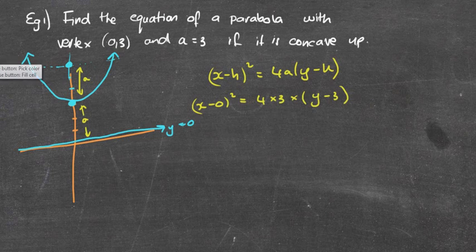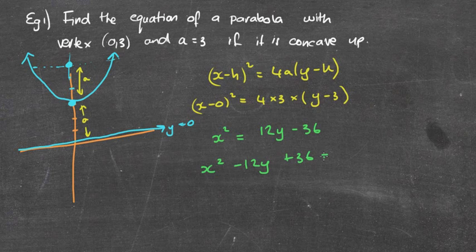So now it's a matter of expanding everything like we've done previously. x minus 0 is just x, so we've got x squared, which equals 12y, and 12 times minus 3 is minus 36. Chuck it all on the left hand side: x squared minus 12y plus 36 equals 0, and I've got the answer to my very first question.